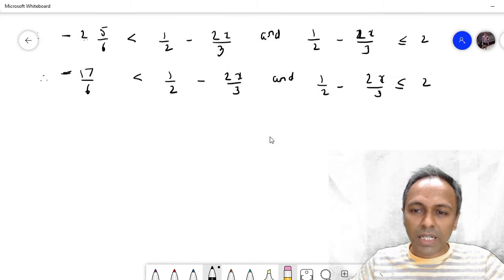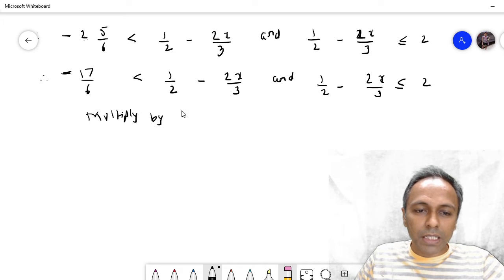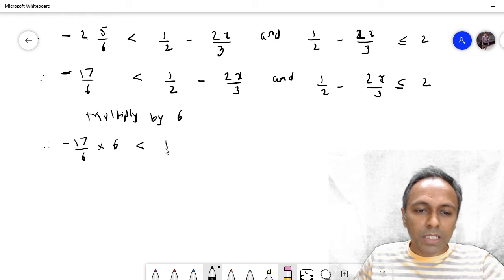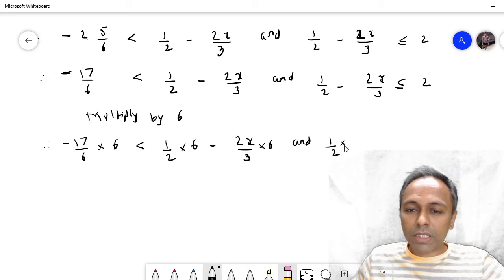Clearly LCM is 6 like the previous problem, so let's multiply by 6. So when you multiply every term with 6, you will get minus 17 upon 6 into 6 is less than 1 upon 2 into 6 minus 2x upon 3 into 6, and here also LCM of 2 and 3 is 6.